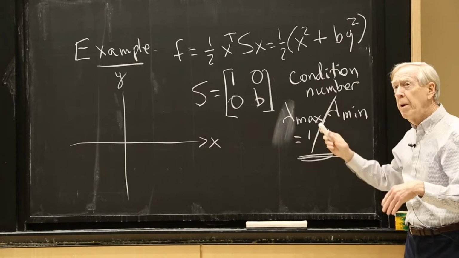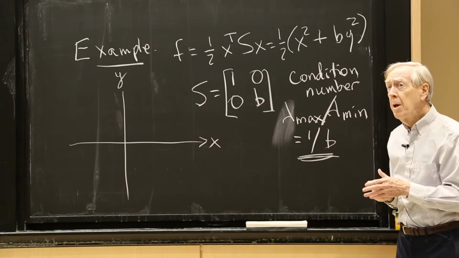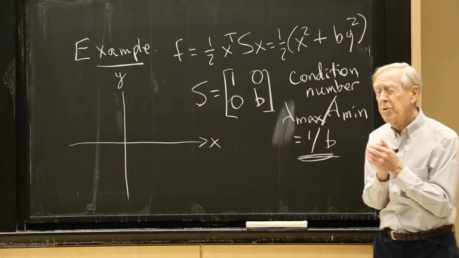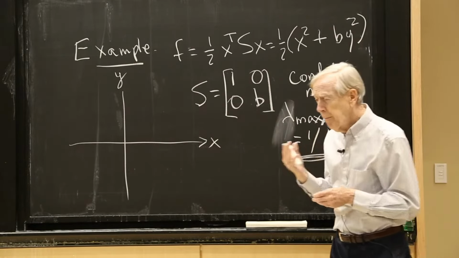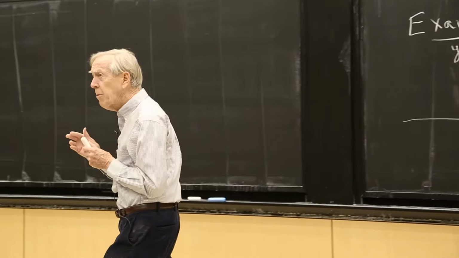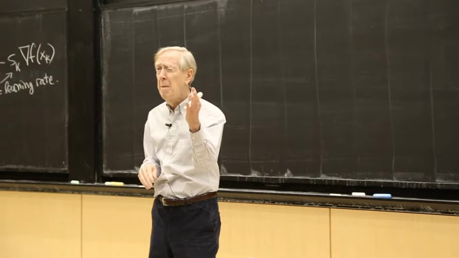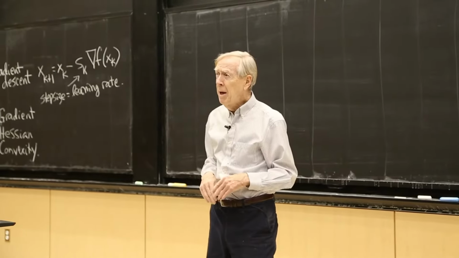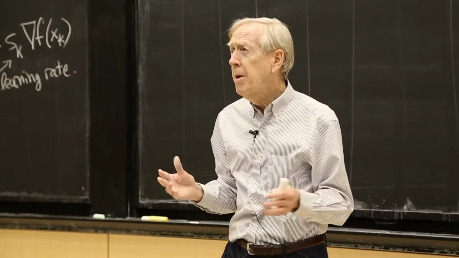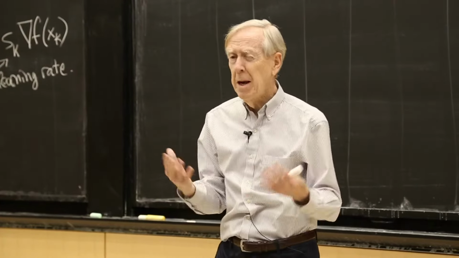And when 1 over b is a big number, when b is a very small number, then that's when we're in trouble. The condition number of a matrix, when the matrix is symmetric, is lambda max over lambda min. If I had an unsymmetric matrix, I would probably use sigma max over sigma min, of course.